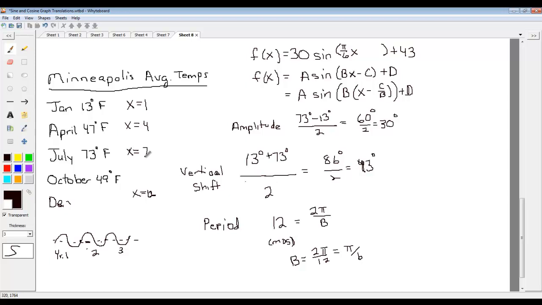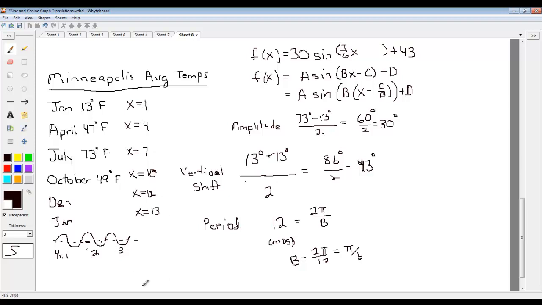And then October is halfway between July and January, getting back to January here, where x would be 13, which will give you x equals 10. So just thinking about where this would be situated on the graph. If January is 1, April would be 4, July would be 7.